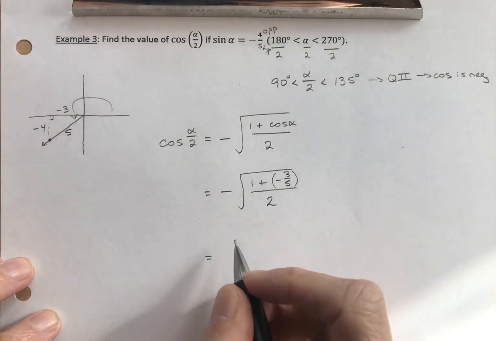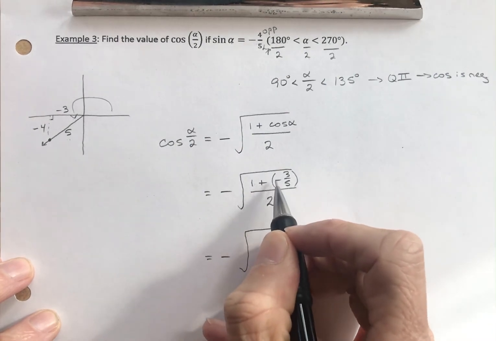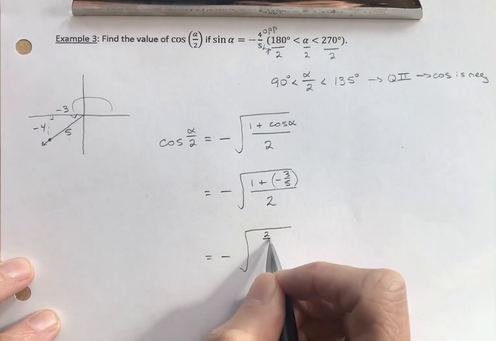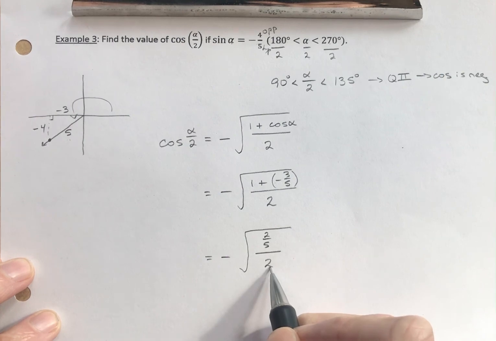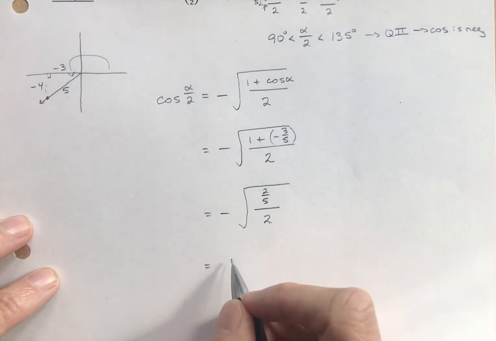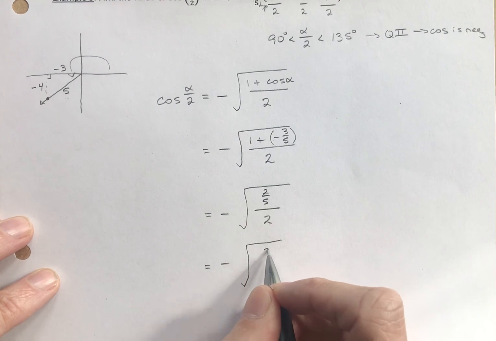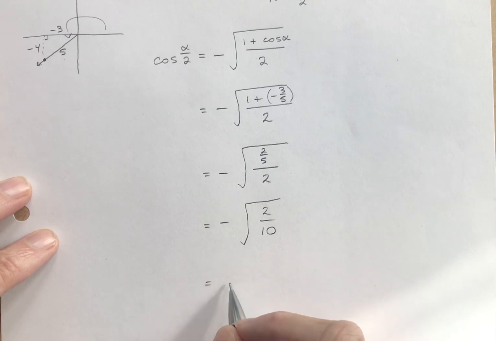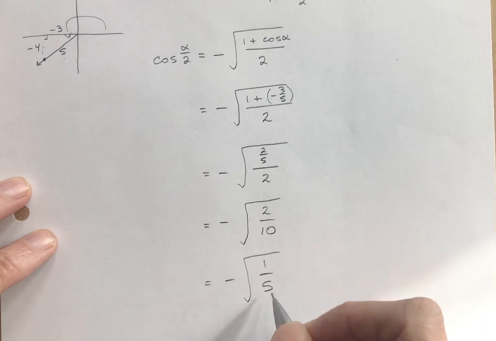This is the opposite of the square root. 1 plus negative 3/5 is 1 minus 3/5, which is 2/5. Divided by 2. When we divide by 2, we multiply by 1/2. So this is equal to the opposite of the square root of 2/10, which equals the opposite of the square root of 1/5, because 2/10 simplifies to 1/5.